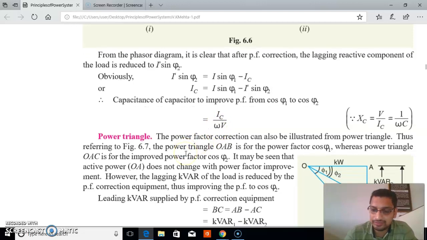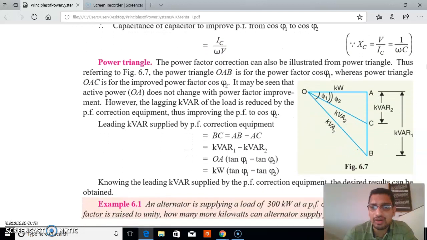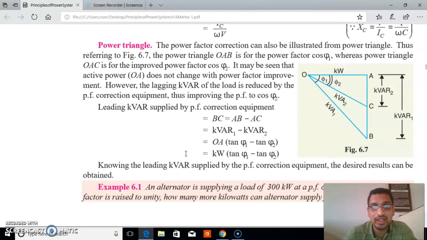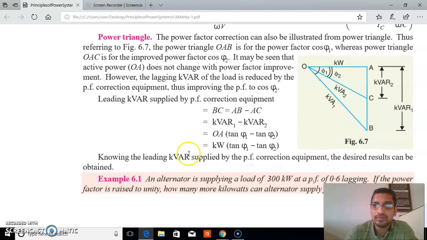Now we move to the power triangle, and the influence on it when we connect a capacitor in our circuit. This is the power triangle. Before and after power factor correction, the active power remains the same.